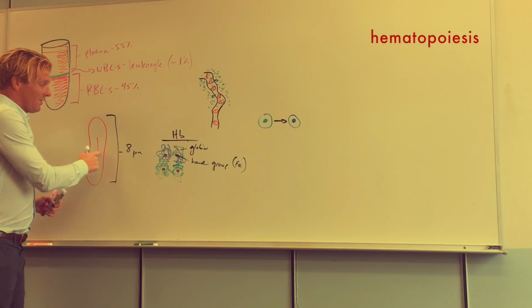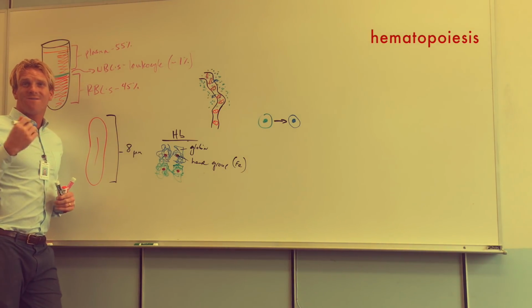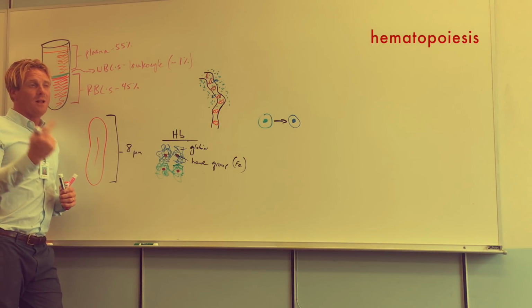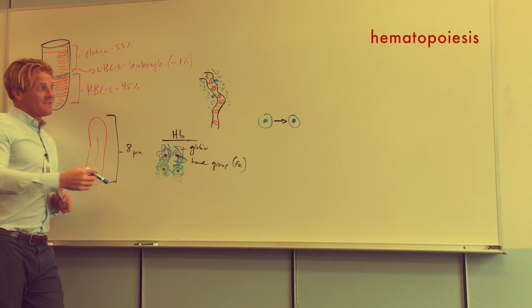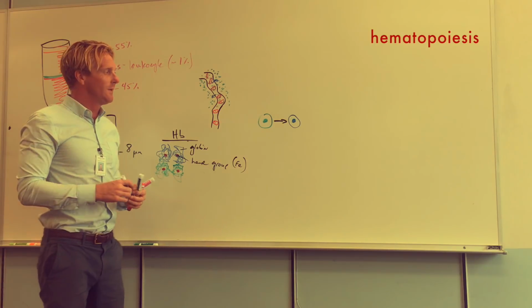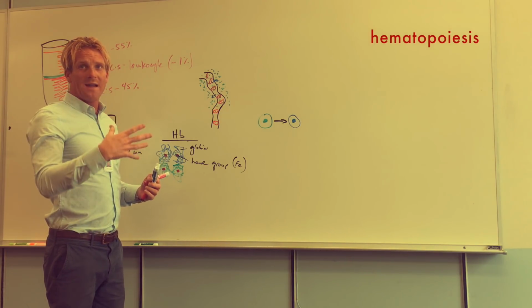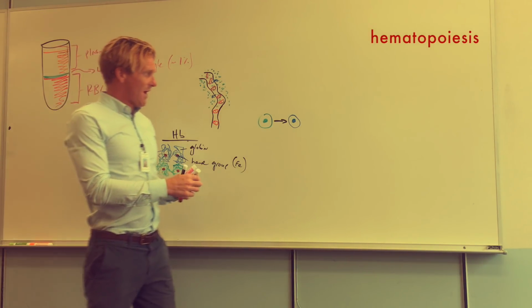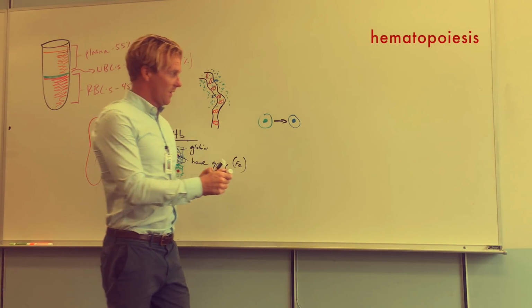That's because each red blood cell contains 250 million molecules of hemoglobin. So this guy's got to make a ton of hemoglobin. Not a ton, he's got to make 250 million. And so he just starts cranking out ribosomes, and as he cranks out ribosomes, these ribosomes start cranking out hemoglobin.